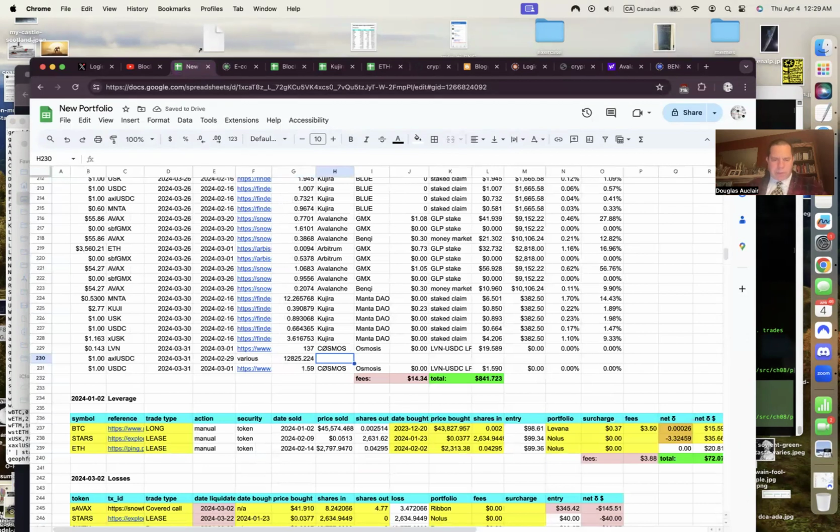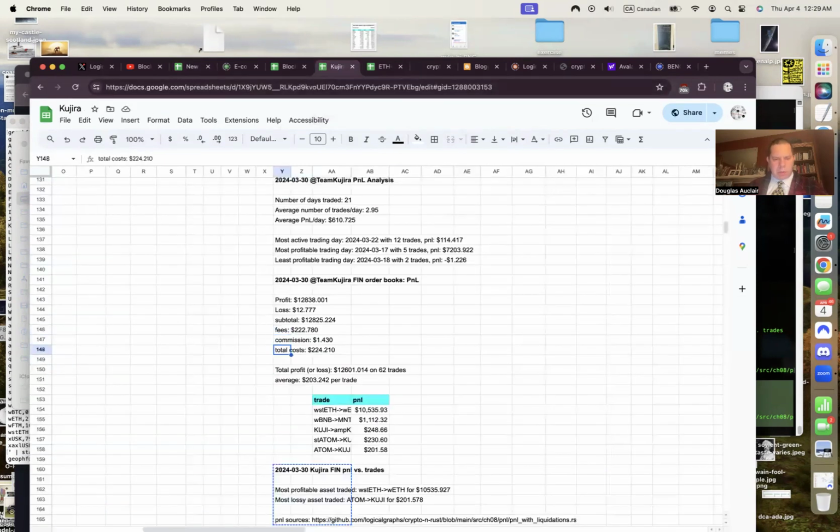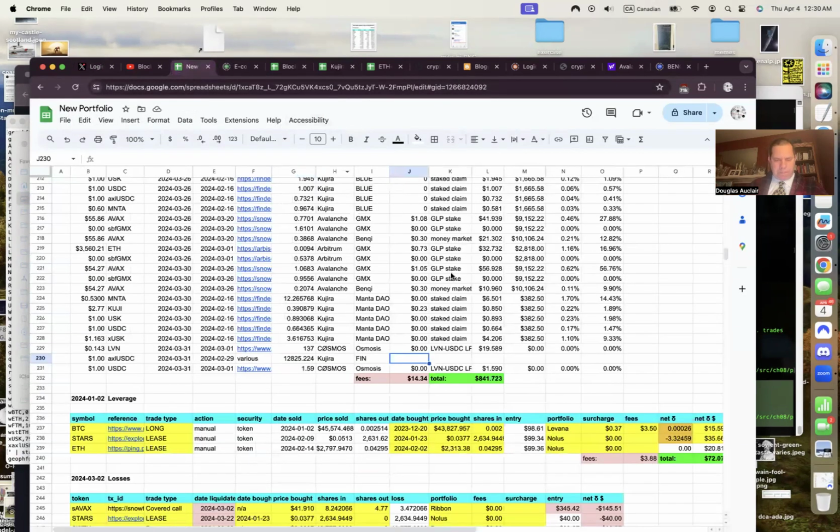This was on Kujira Fin. The fees in total were $224, including commissions. And this was 62 trades on Kujira Fin. Capture this information.